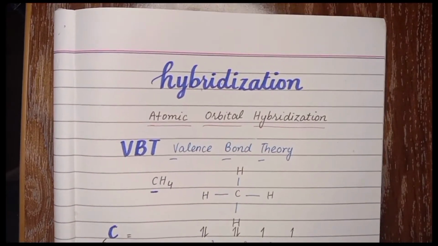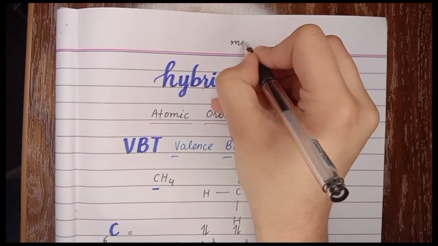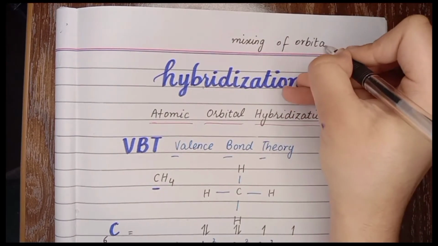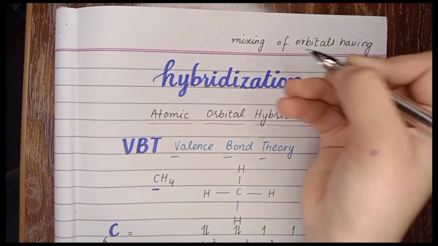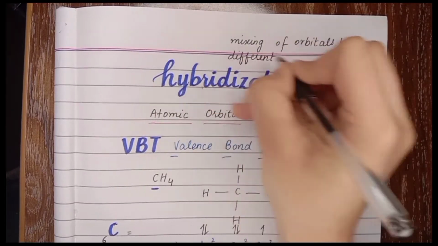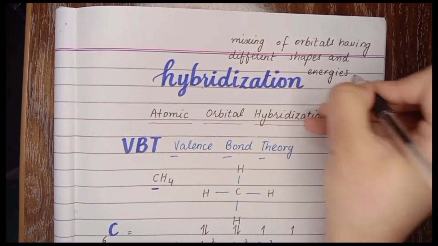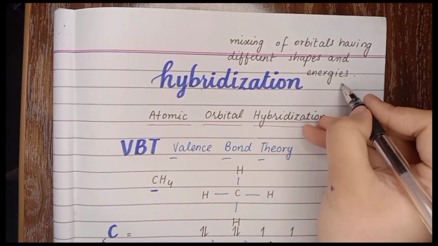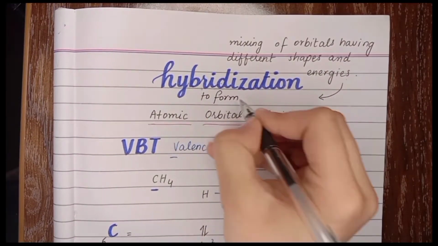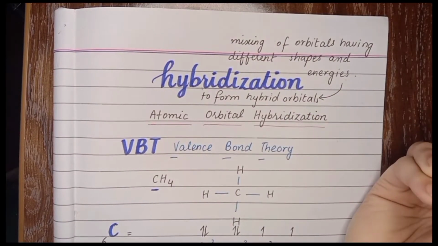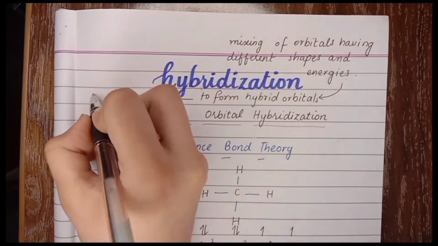So the limitations of valence bond theory are that it failed to explain the paramagnetic behavior of oxygen, and it did not explain the equivalent tetravalency of carbon in methane. So we needed a new theory, which was the hybridization theory, meaning mixing of orbitals having different shapes and different energies to form hybrid orbitals which have the same energy.